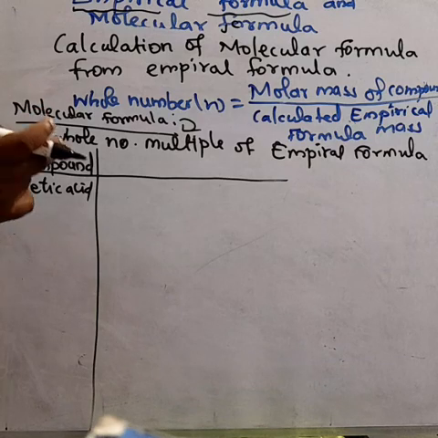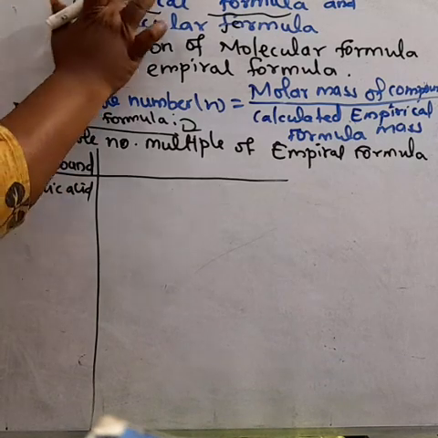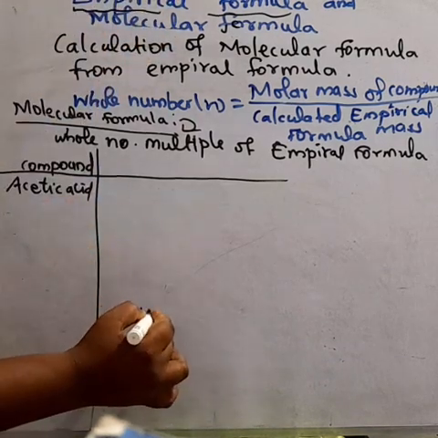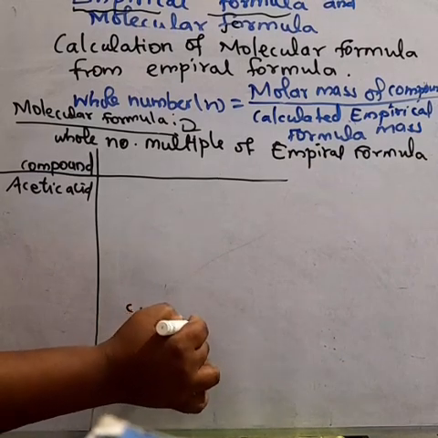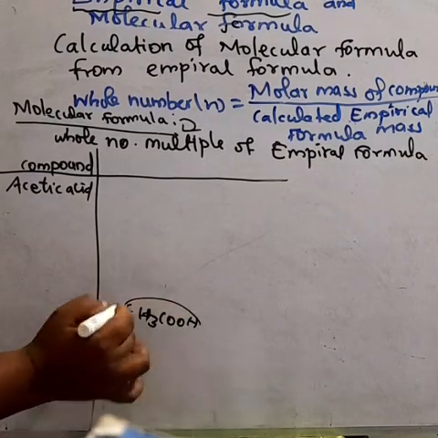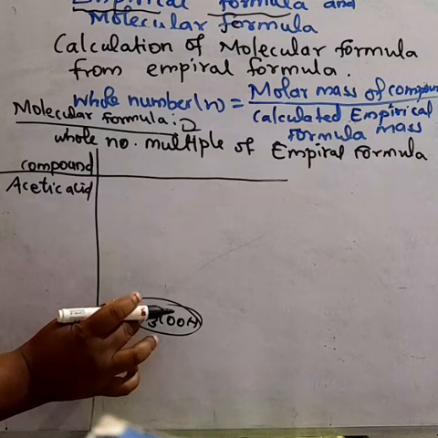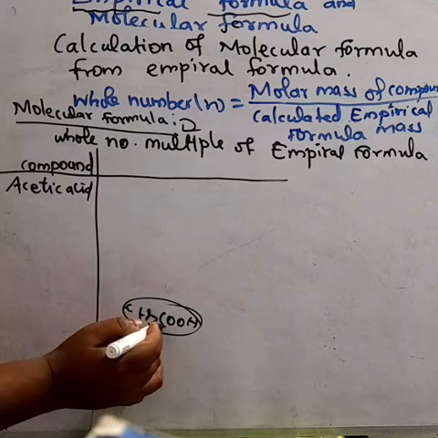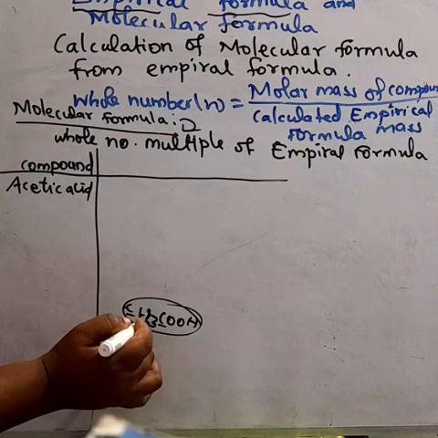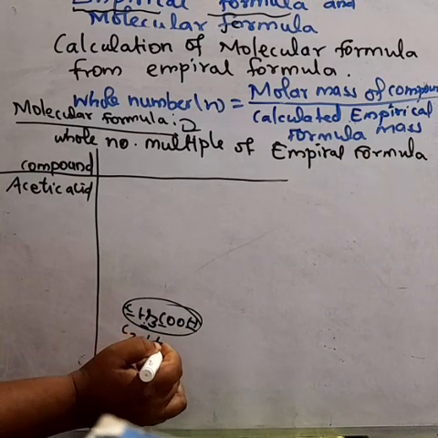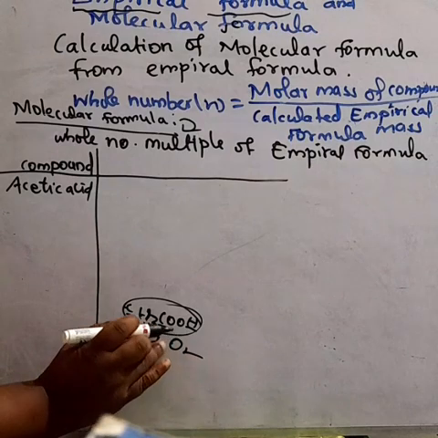We know the structure of acetic acid, CH3COOH. So what is the molecular formula? How many carbon atoms does it have? C2, hydrogen 4, oxygen 2. This is the molecular formula, which we already learned.